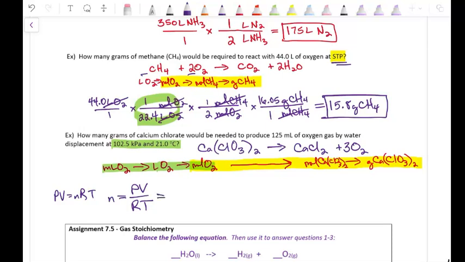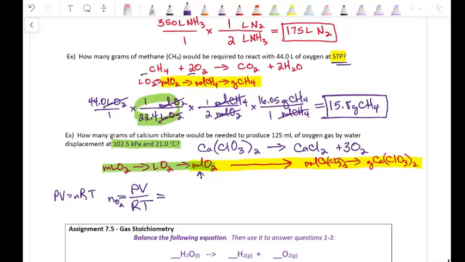Now, the other thing I want to point out here is, since we're dealing with two different substances, sometimes it's helpful for us to label not just n, but n of O2, right? So we're specifically looking for moles of oxygen.